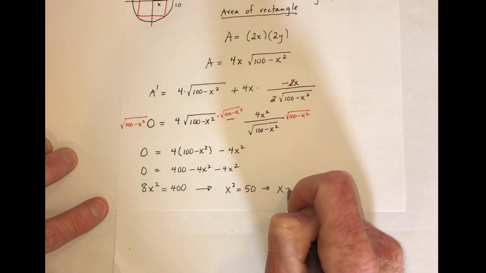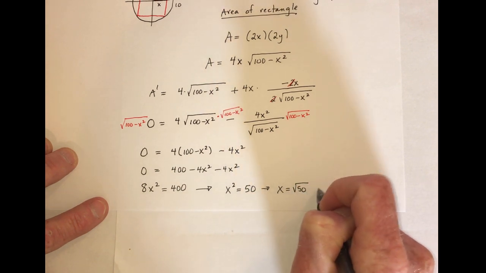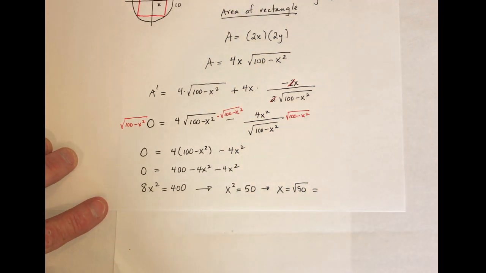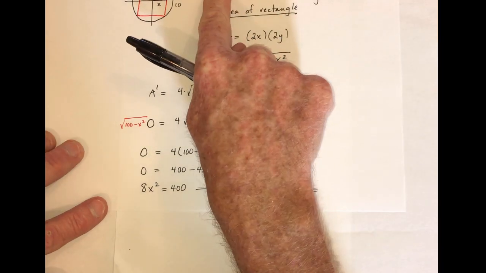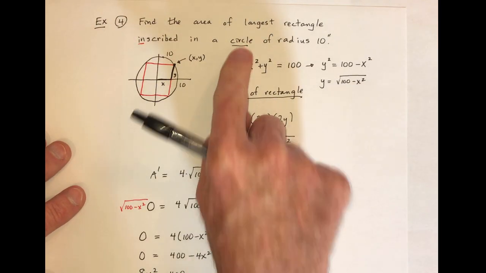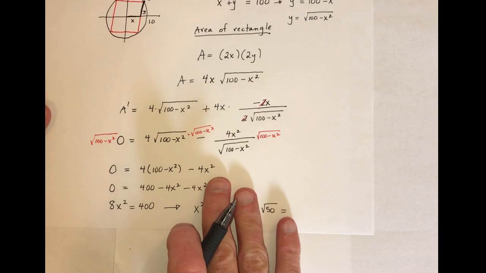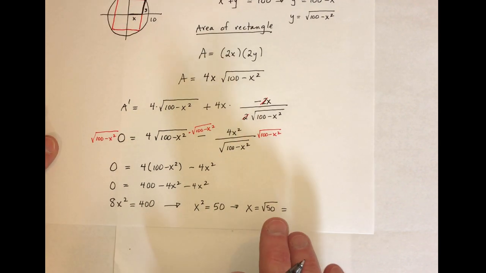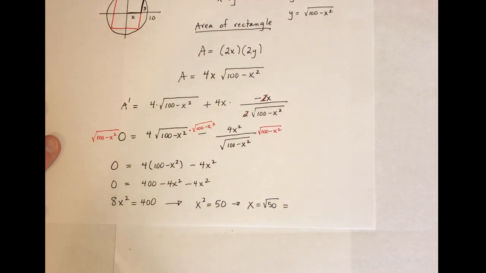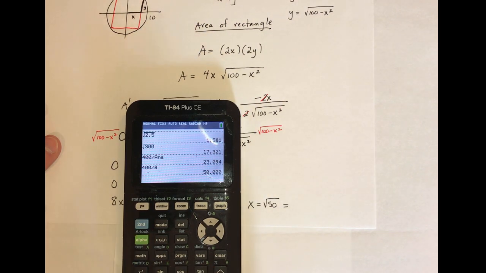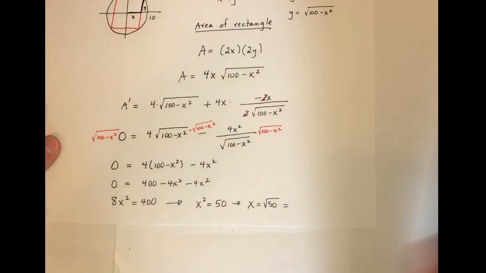And then take the square root of that. So whenever it's word problems, you should give a decimal answer. So I could put 5 square root of 2, but it's better with word problems to give the decimal answer. 7.071.